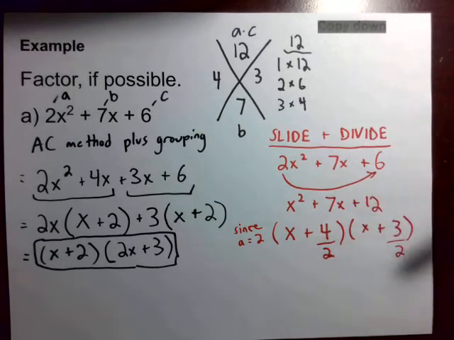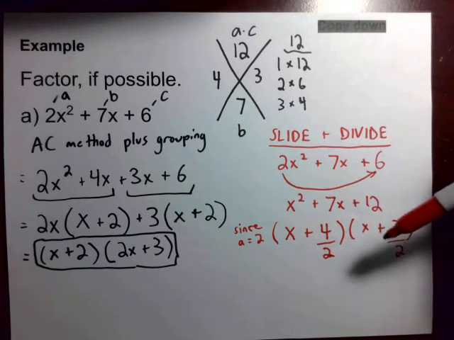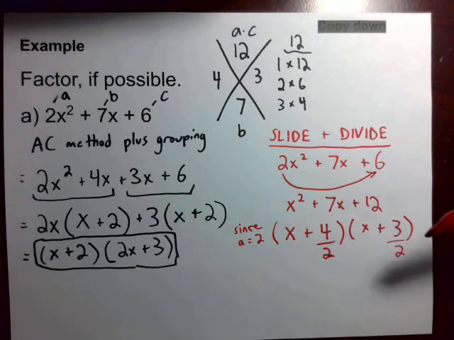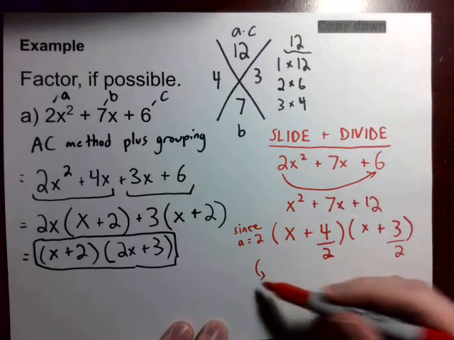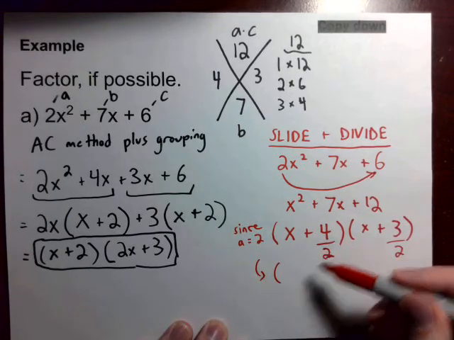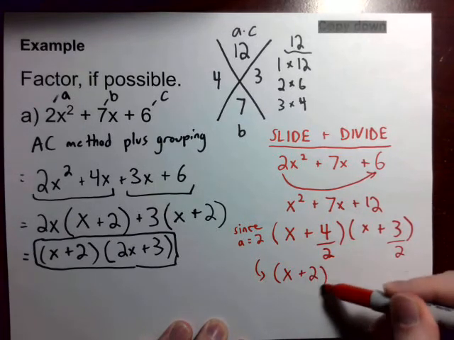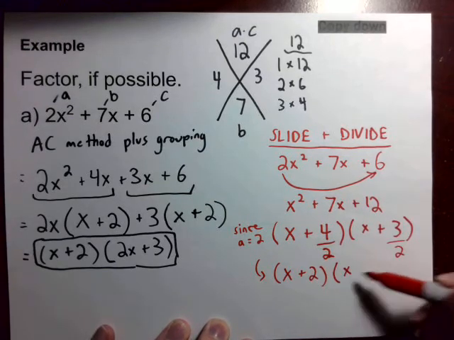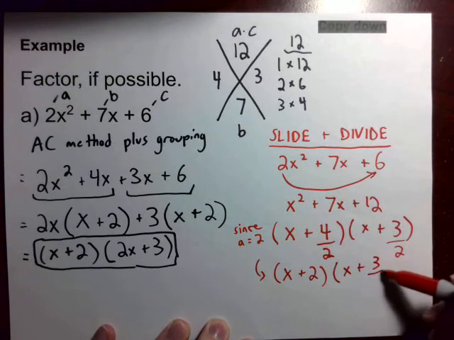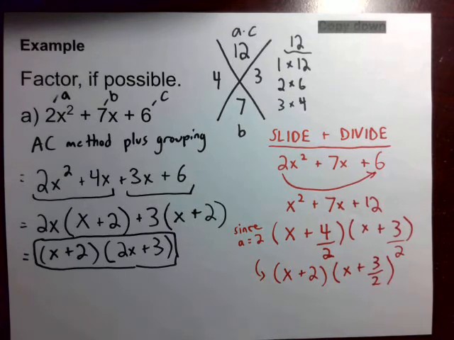And then wherever possible, if you're using this strategy, you need to simplify fractions into whole numbers if that can be done. So this means that because 4 divided by 2 is 2, we're going to have x plus 2 multiplied by x plus 3 halves.